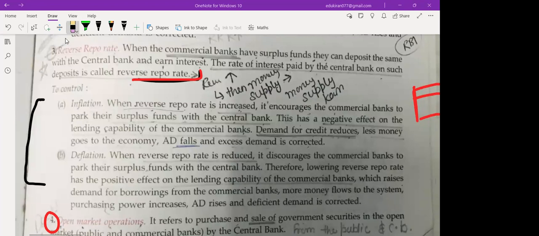In deflation, the reverse repo rate affects the lending capability of commercial banks, which raises demand for borrowing. More money flows into the system, purchasing power increases, AD rises, and deficient demand will be corrected.